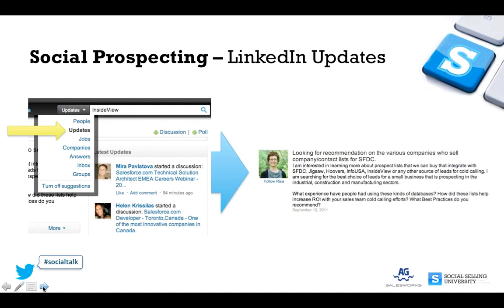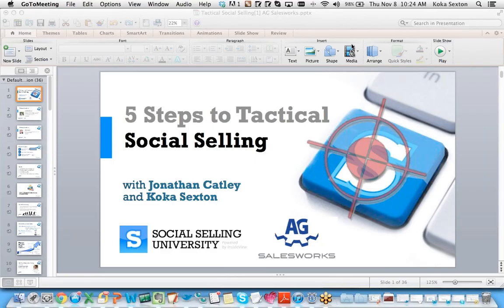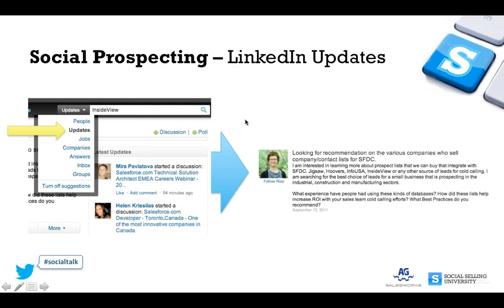All right, so another tool here. Again, I said I was going to talk about LinkedIn a little bit. The LinkedIn updates feature is something that I really enjoy using, and I use this a lot personally, as well as the groups and the answers tab, which I would recommend.